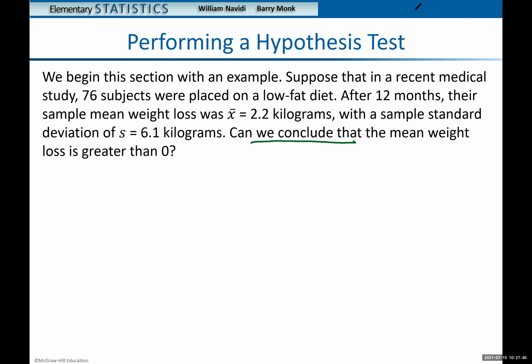So before we answer that, what do you notice about this problem?